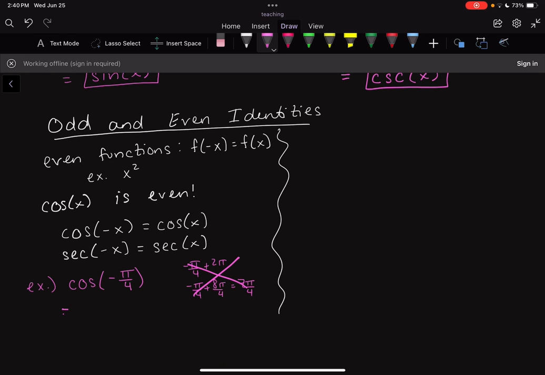So this is the same as cosine pi over 4. The negative in cosine will just go away, disappears. And so cosine pi over 4 is root 2 over 2.